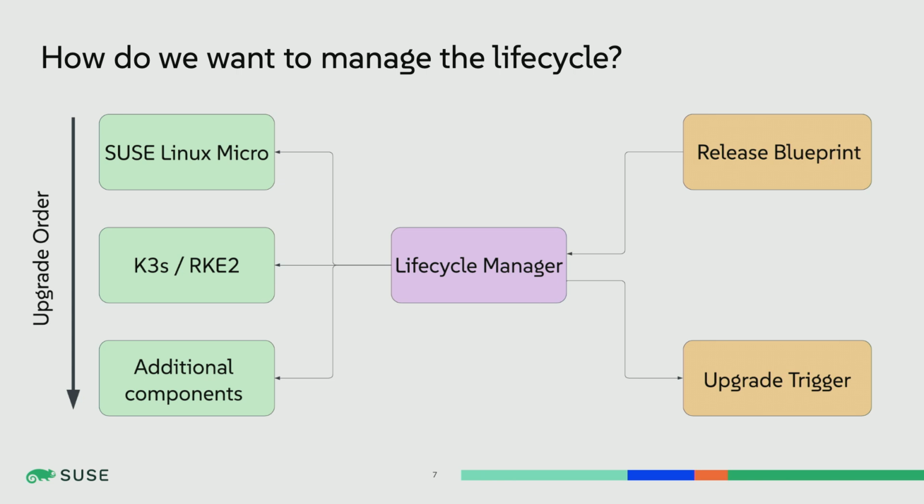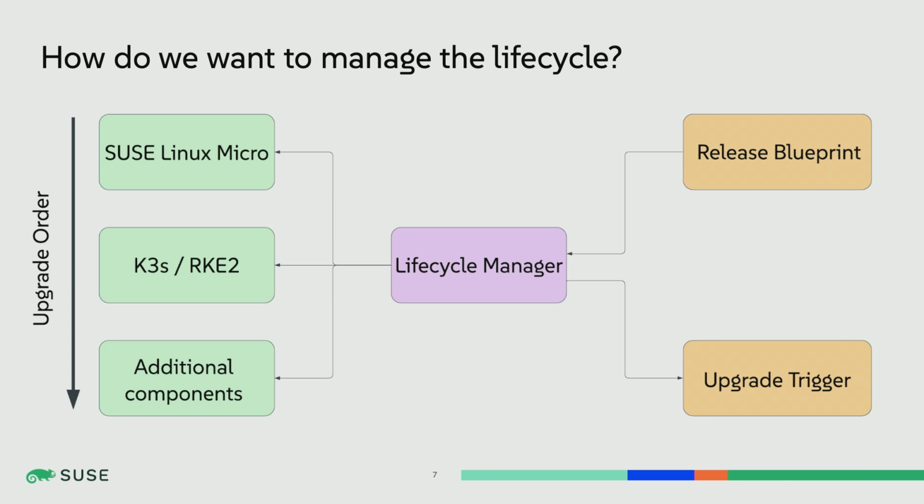What we want to achieve here is to be able to upgrade our operating system layer first, so all of the different nodes. And once this is done, only then we should move over to the Kubernetes layer, namely K3s or RKE2. Finally, we have the additional components, which I previously briefly mentioned, in the name of Rancher, Elemental, NeuVector, and so on and so forth.